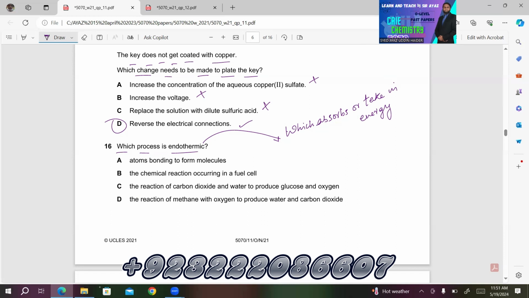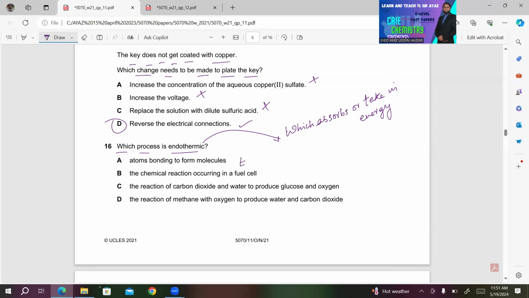Now, whenever atoms bond to form molecules, the energy will be released. That is exothermic. So this is incorrect. Next one, the chemical reaction occurring in a fuel cell. This is also incorrect because this releases energy, which means it's exothermic.